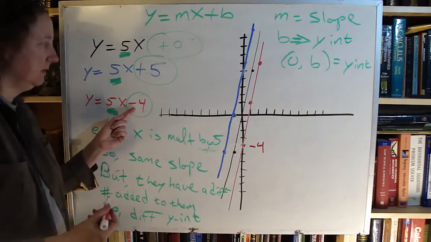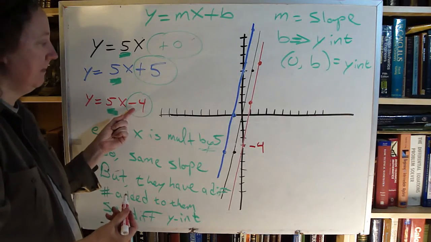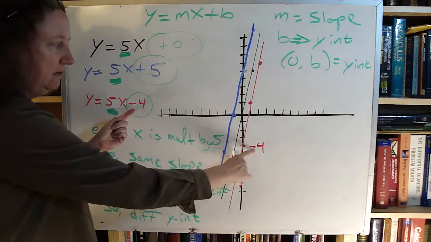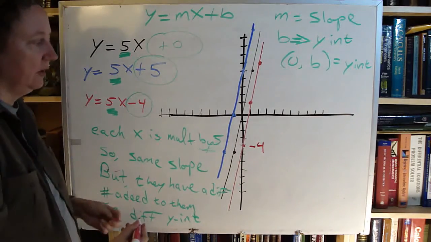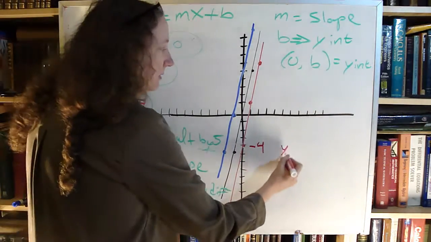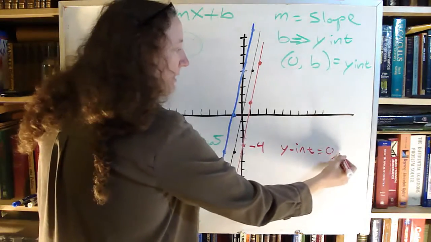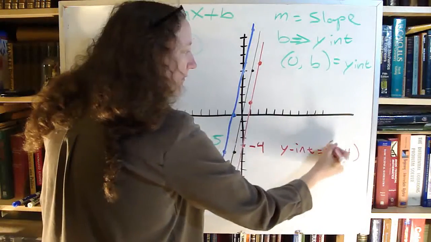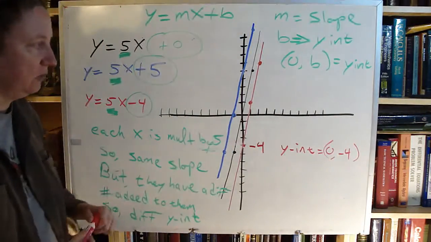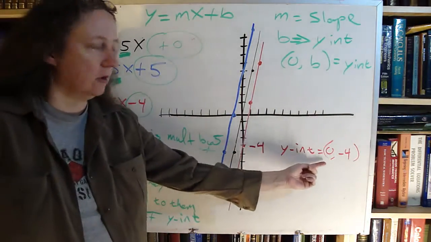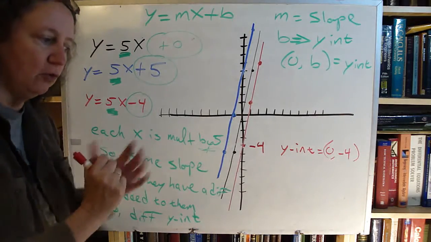And look at my number here, -4. So that is telling me my y-intercept is 0, -4. And as with any ordered pair, you put the ordered pair in parentheses to say that they're being grouped together.